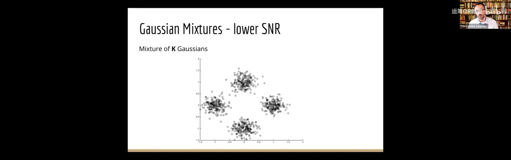But when the variance starts to get larger, or actually, variance and separation between the means is what we're trading off. So let's fix the variance to 1 and just think about the means getting closer. Then the picture looks a little bit different.